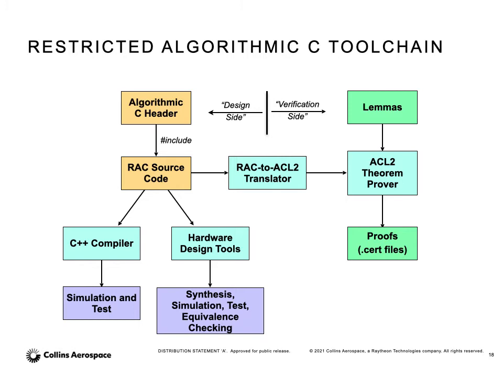The RAC source is also submitted to a RAC to ACL2 translator, allowing us to prove theorems about it using the ACL2 theorem prover. The ACL2 theorem prover uses a set of lemma libraries to reason about, for example, modular integers, and produces proofs in the form of certification files that can then be reused in larger system proof attempts.